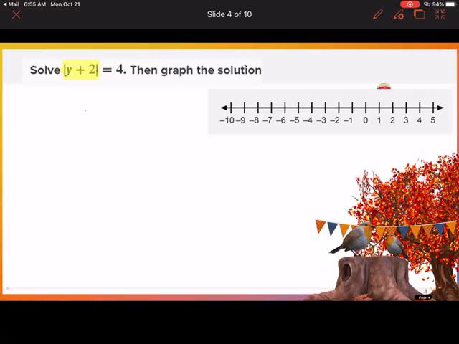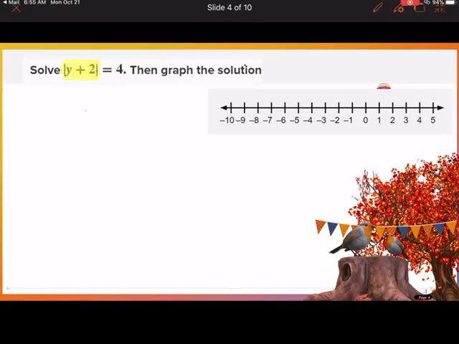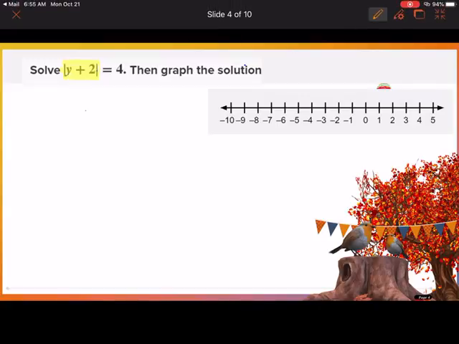So I need to write my two equations. I asked myself, is this number negative? And no, it's not negative. So that means I can write two equations. I can do y plus 2 equals 4, just the way it is, and then I can also do y plus 2 equals negative 4.